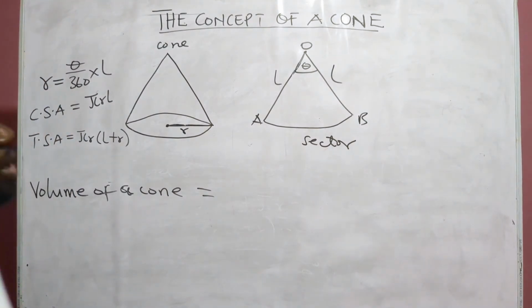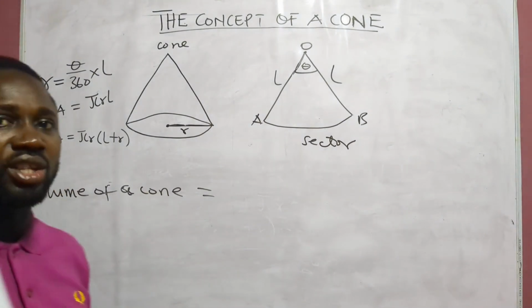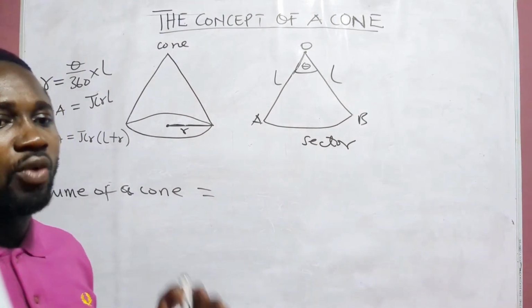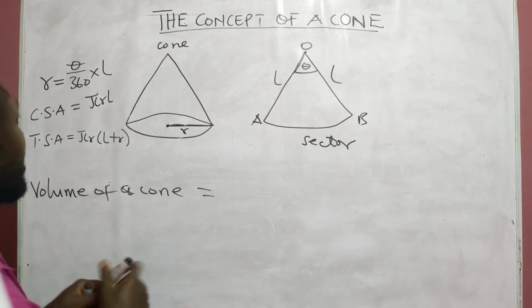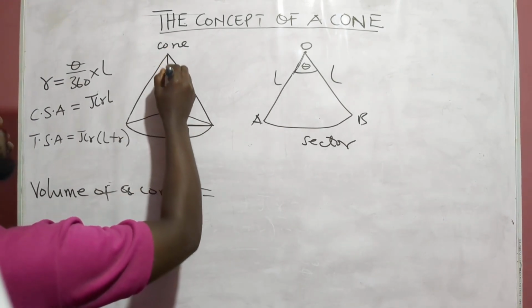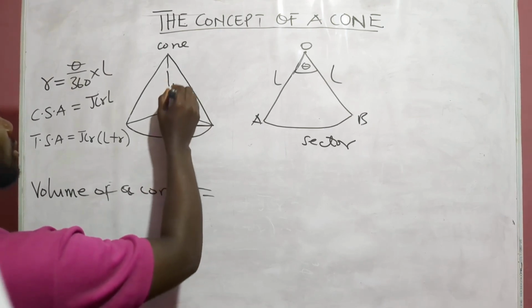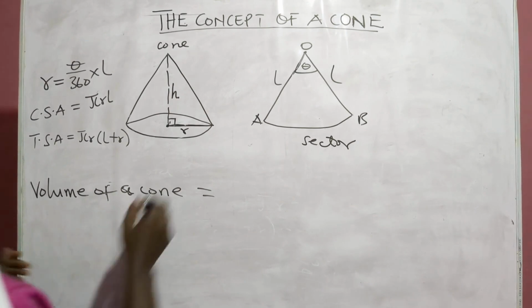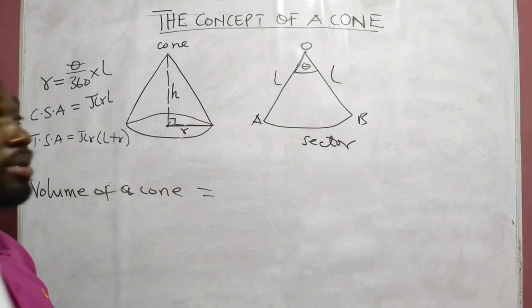When you take three-dimensional figures, each volume is the base area multiplied by the height. So here, let's look at the height of the cone to be perpendicular to the radius. So we have the height of the cone as this.